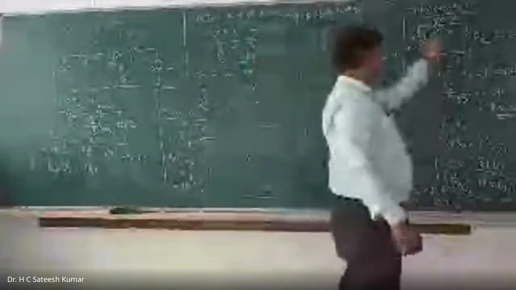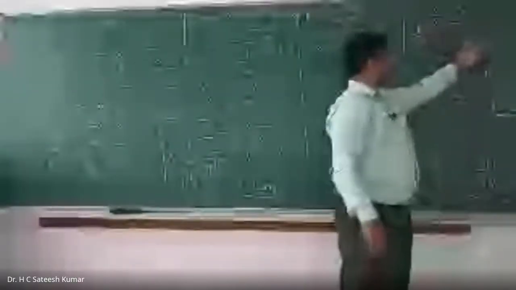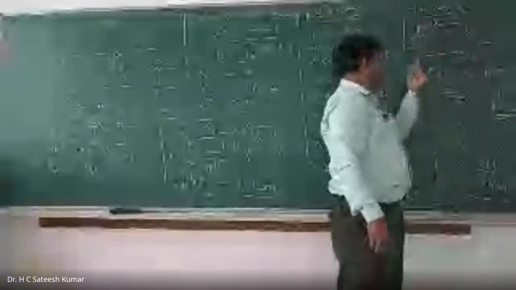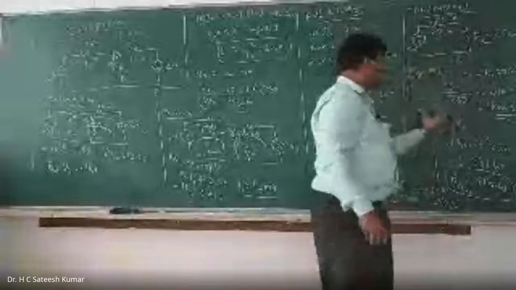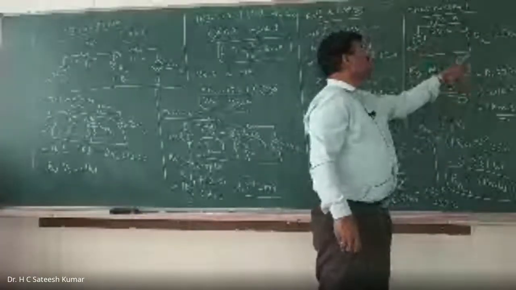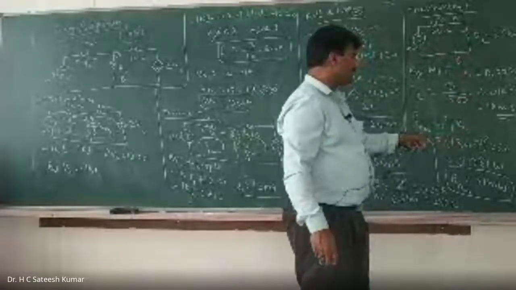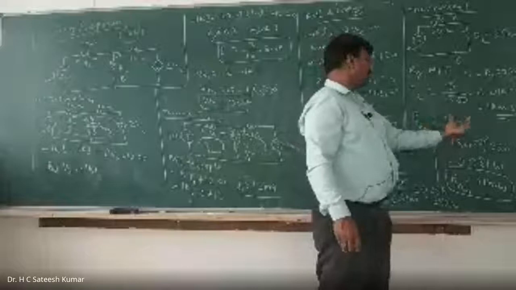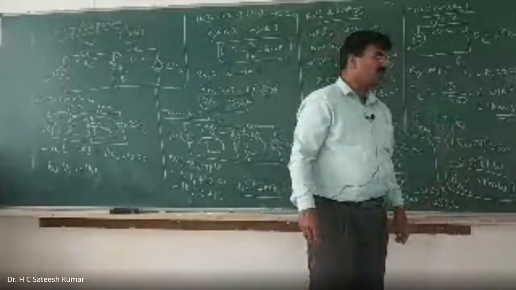ZTH becomes your source impedance, and maximum power will be transferred from source to load when the load resistance is equal to the source impedance. The source voltage becomes your Thevenin's voltage. Then IL is equal to voltage divided by total resistance, that is 250 plus 250, 500. And Pmax is equal to magnitude of IL squared into RL. You will get Pmax as 81 milliwatts, right? That's how we should do it.